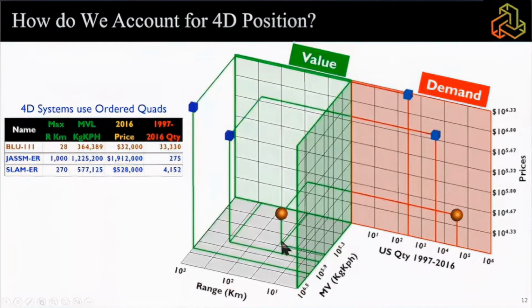So these two value attributes form the value of the product, which in turn determines the price, and then the price determines the quantity sold. Conversely, for the JASSM ER, it's got a range of 1,000 kilometers in this iteration. And it's got a momentum term here, and these two terms combine to form this value proposition, which in turn determines the price, and the price determines the quantity sold.